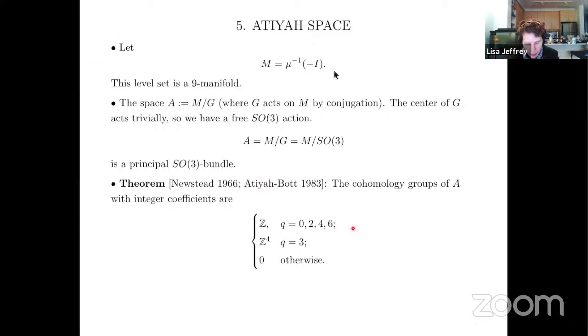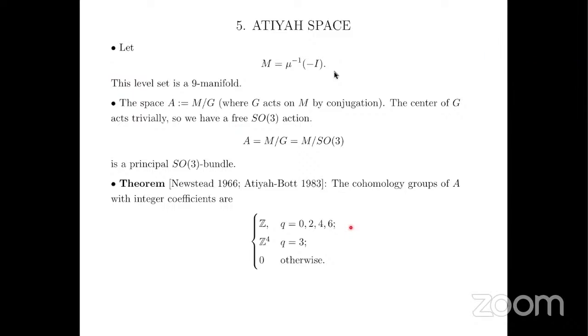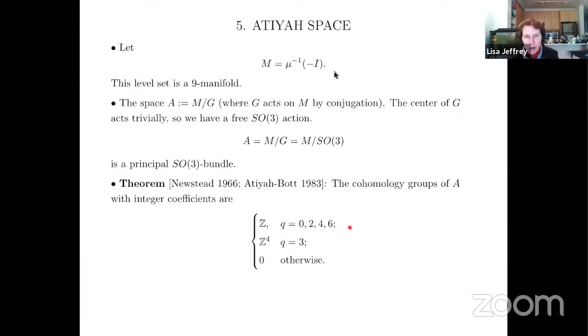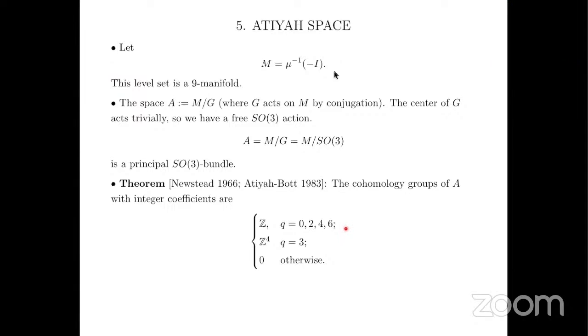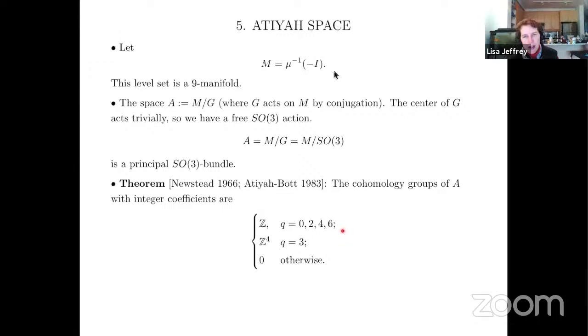So the Betti numbers, the cohomology groups, are as follows. In degrees 0, 2, 4, and 6, you just get Z, and in degree 3, you get Z4.